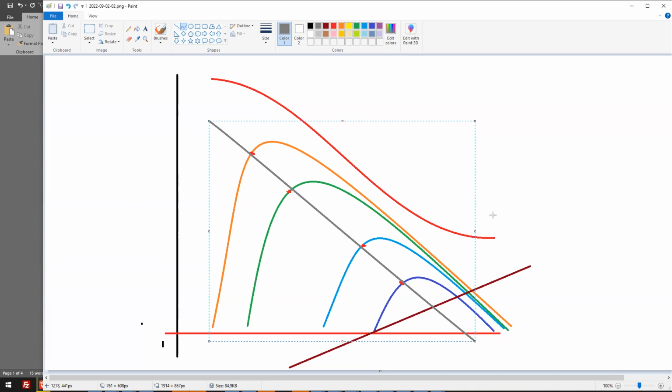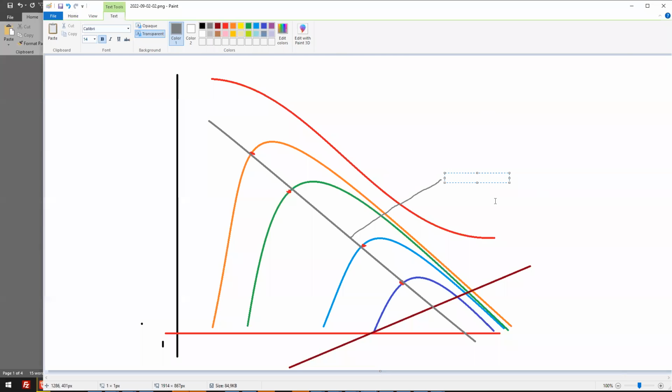So this gray line is my high rate line. And so we can label it as such. We can say all these are my maximum rate locus of points.